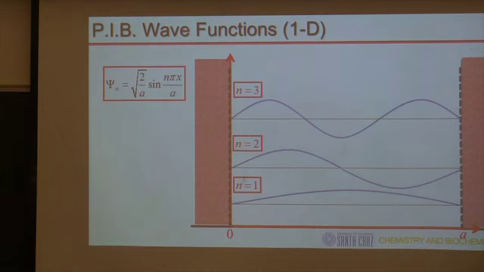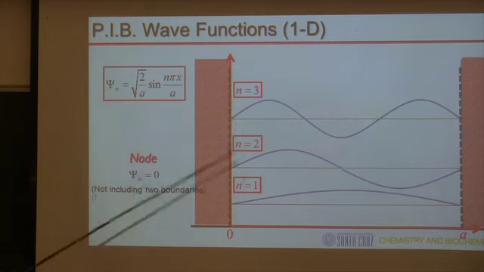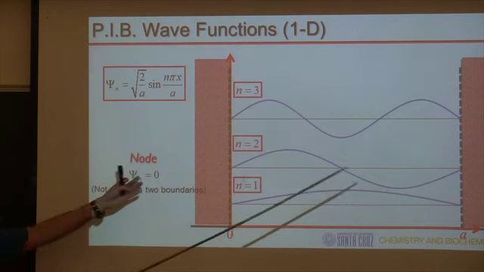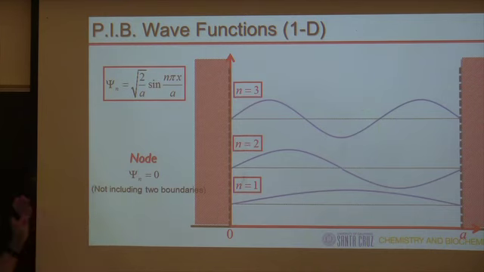And then we define a very important concept called a node. A node is simply defined as a point where the wave function is 0, not including the two boundaries. On the two boundaries, the wave function must be 0, but except for the two boundaries, if we can still find more points where the wave function is 0, then we define that as a node.